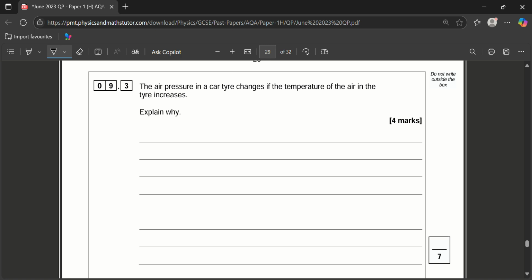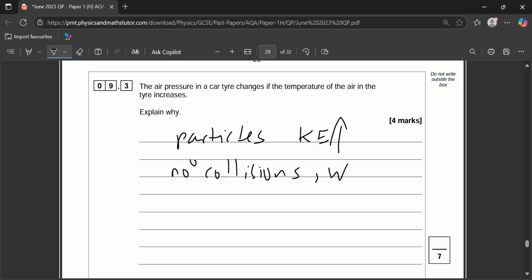9.3. The air pressure in a car tire changes if the temperature of the air in the car tire increases. Explain why. We know when the temperature rises, the particles are going to have a greater mean kinetic energy, and when this happens, there tends to be a greater number of collisions. So the number of collisions with the tire wall increases.